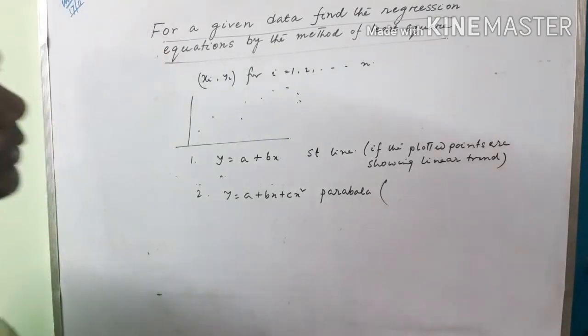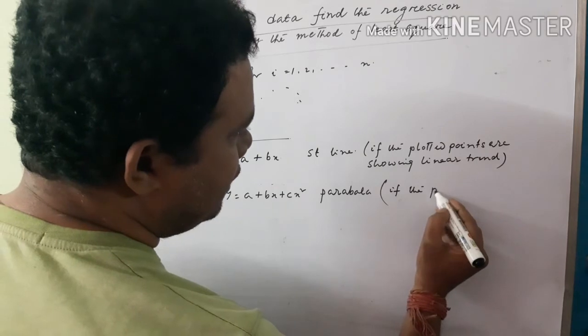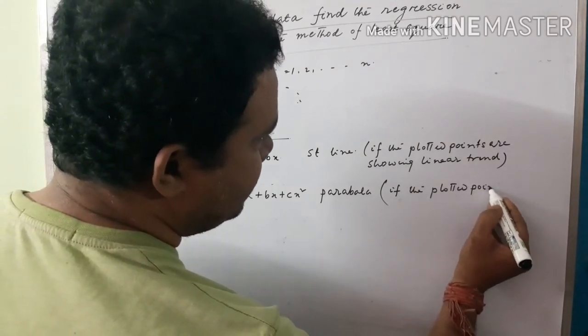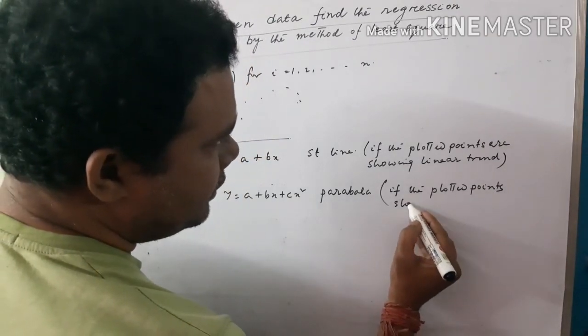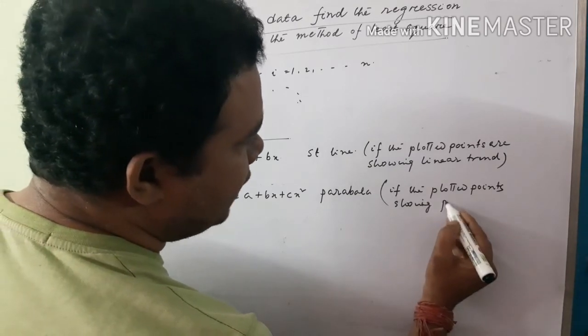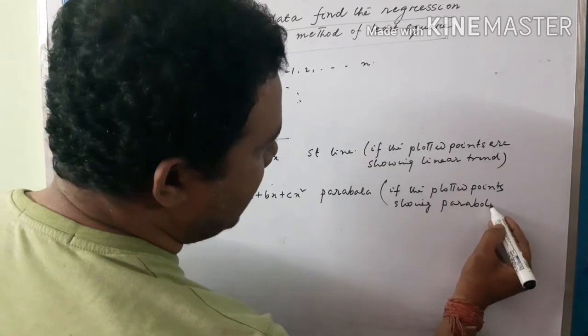So when we use this? If the plotted points are showing parabolic trend.